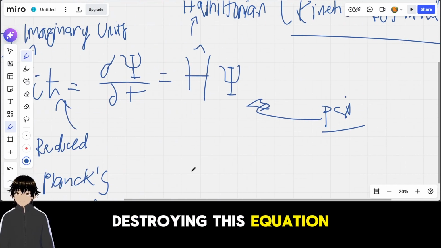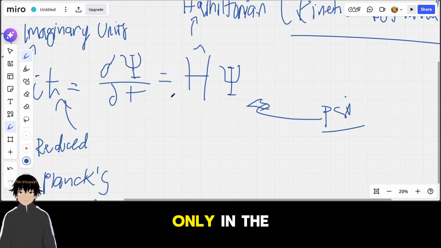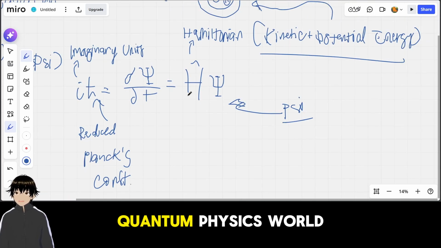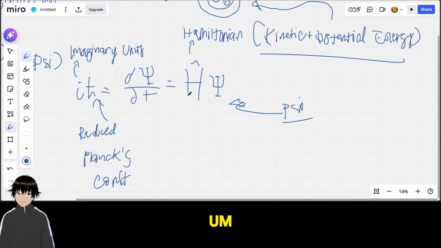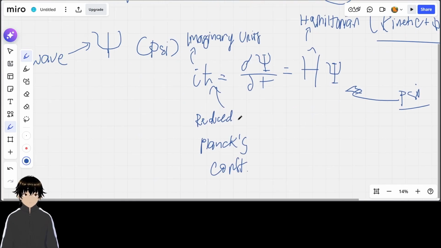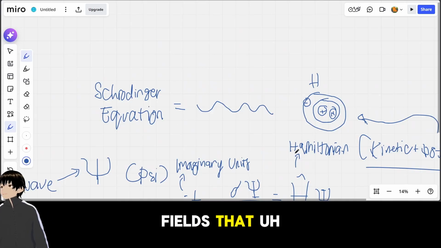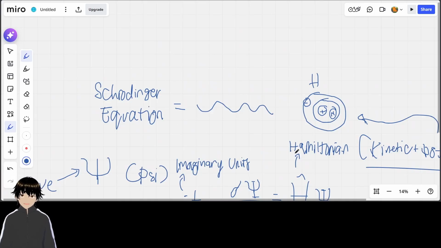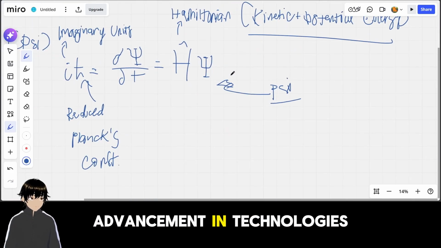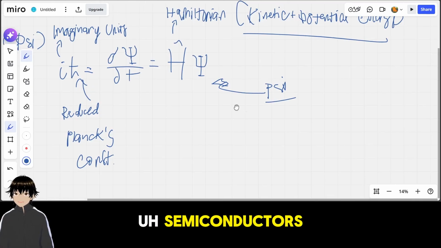The Schrodinger equation has a lot of uses, and not only in the quantum physics world. This equation has been used in a lot of fields that have gained advancements in technologies like lasers and semiconductors.